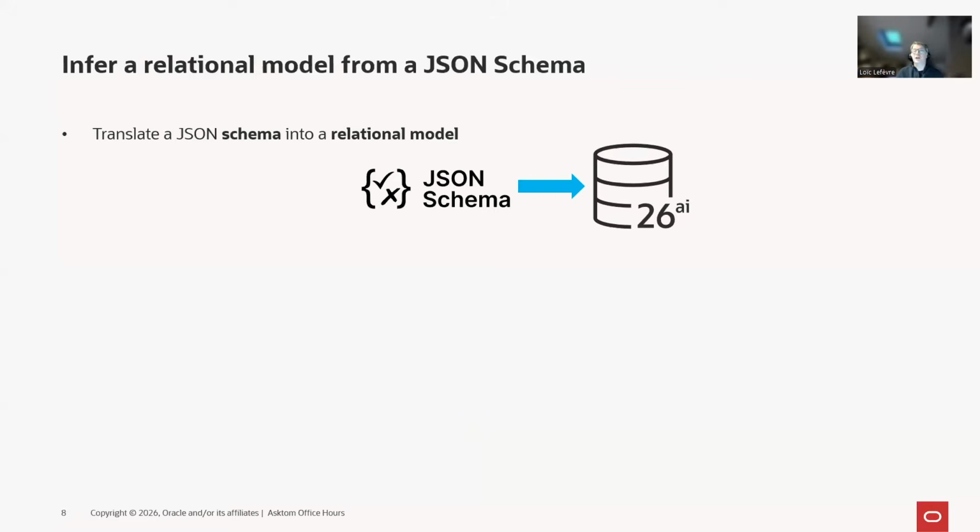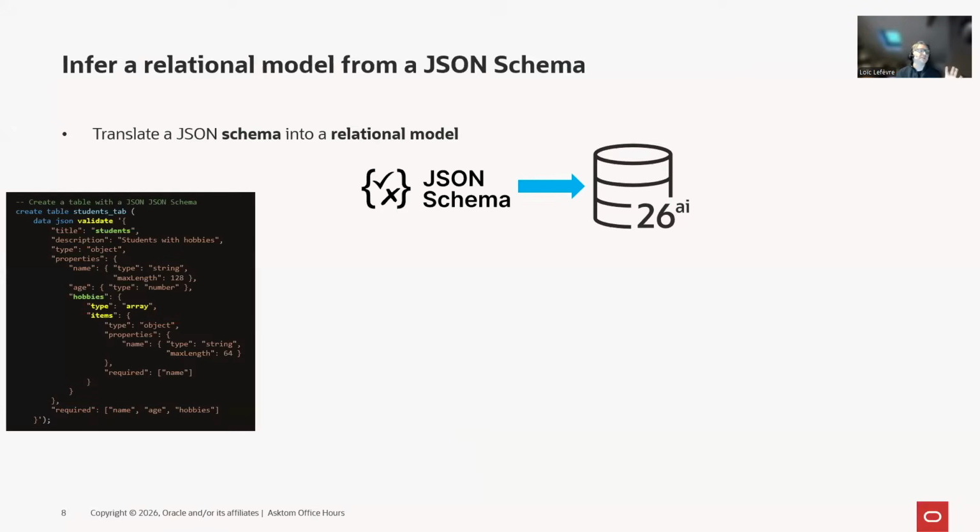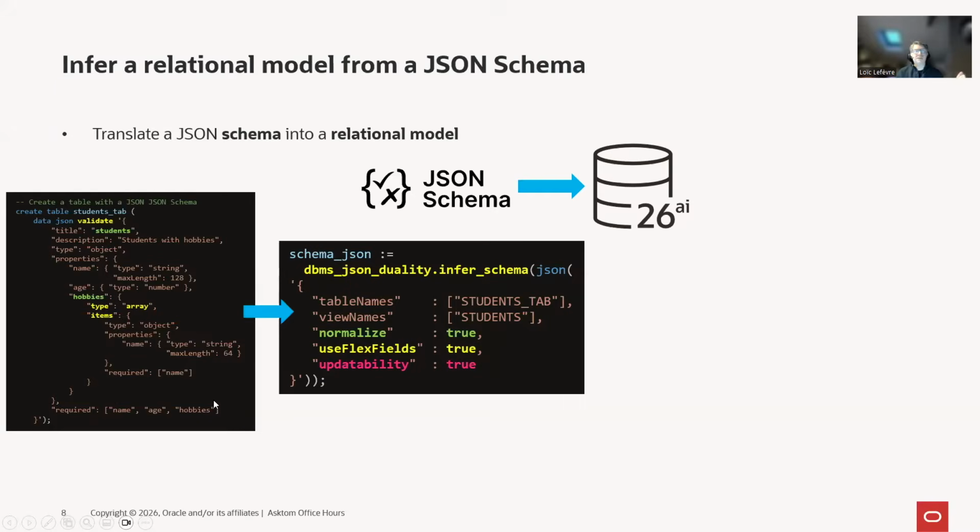We can also generate a relational model from a JSON schema itself. That's where it starts getting interesting. Let's take, for example, a table with a data column, and you specify a JSON schema for that column. You name it with a title, you provide different properties with constraints, and then you just need to use this new DBMS_JSON_DUALITY infer schema function.